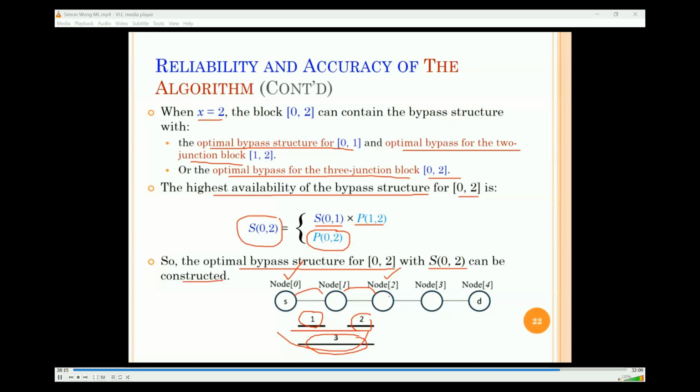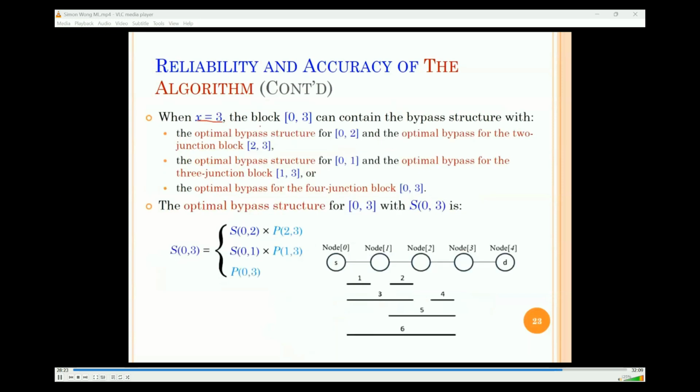Now when x is equal to 3, the block 0, 3 can contain the bypass structure with the following: the optimal bypass structure for the 0, 2 block, and the optimal bypass for the two junction block 2, 3.